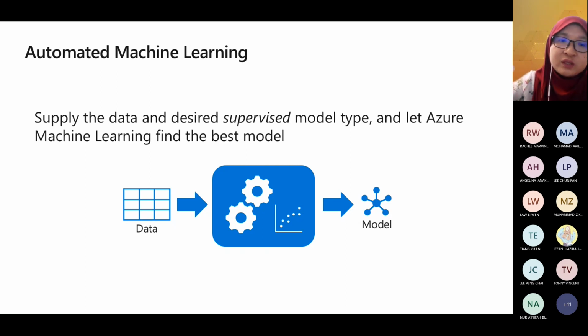So weather forecasting, and there is a visual interface for automated machine learning in the Azure Machine Learning Studio web portal. You just need to supply the training data and select the required model type, as well as how you are going to use Azure Machine Learning. So you're going to explore this.